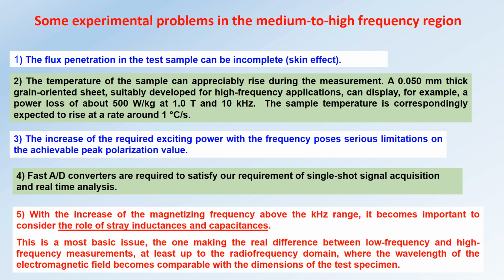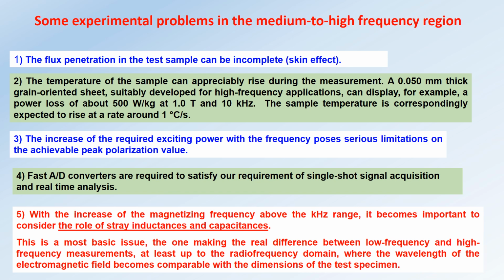I would like to stress some experimental problems in the medium to high frequency region. First, the flux penetration in the test sample can be incomplete due to the skin effect. Second, the temperature of the sample can appreciably rise during the measurement.